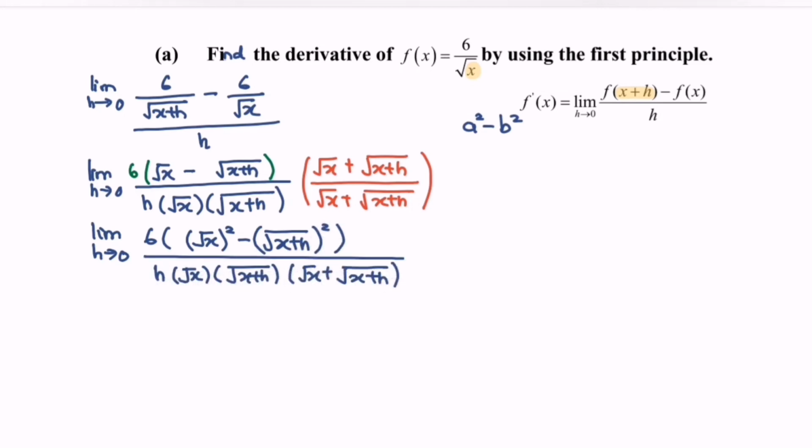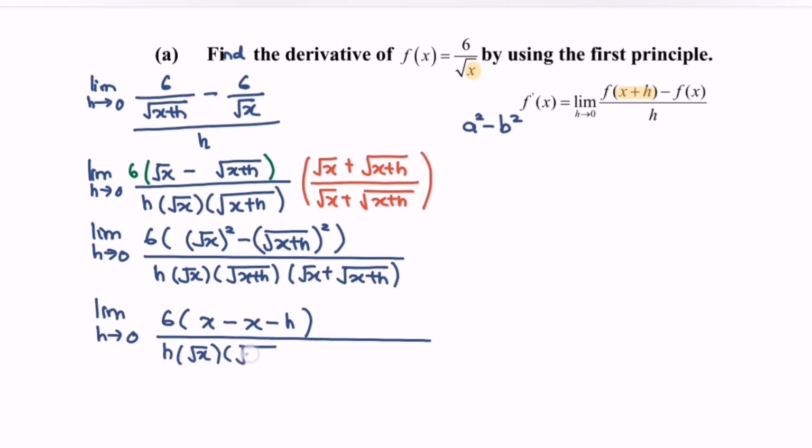Now is the time to simplify the situation, where we have the limit as h approaches 0, 6 multiplied with (x − x − h), over h multiplied with the square root of x multiplied with the square root of (x + h) multiplied with (square root of x plus square root of (x + h)).